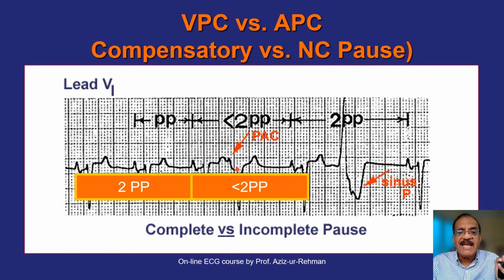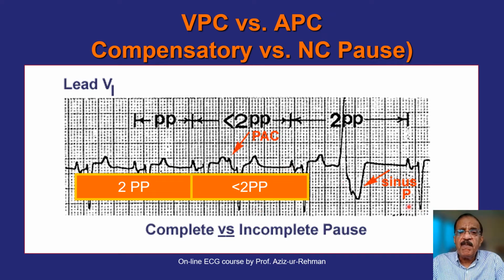Once the SA node is reset, further impulse formation will start from here, and this PP interval is the normal PP interval. That is why it is not fully compensatory.